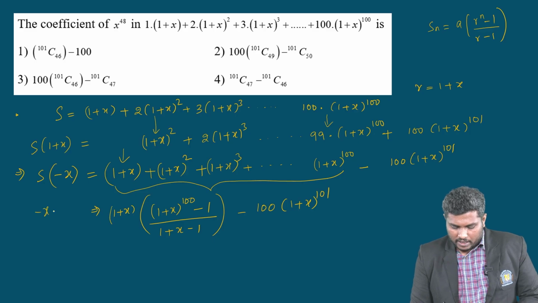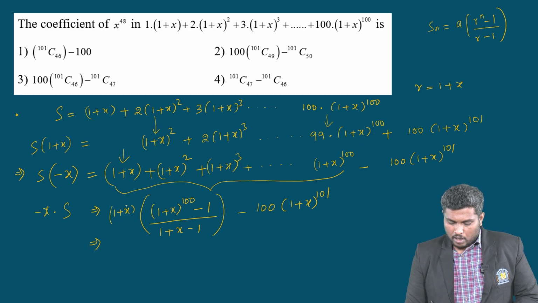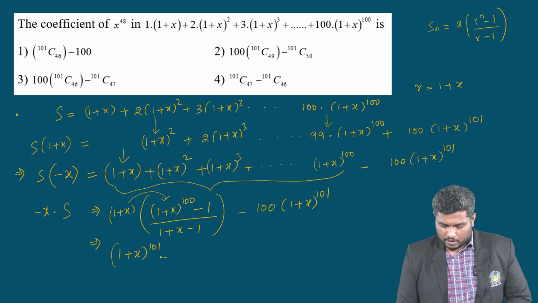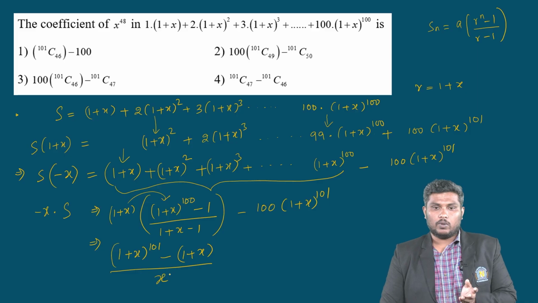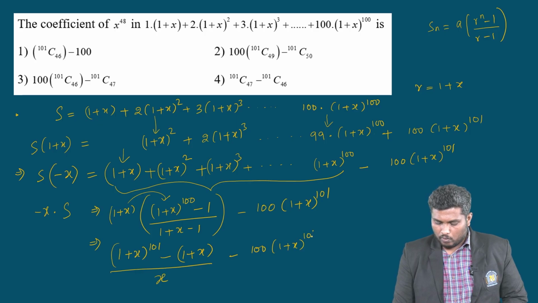This is equal to minus x into S. So once again, multiplying this part, this is going to be (1 plus x) whole power 101 minus (1 plus x) by x, since 1 plus x minus 1 is x, and then minus 100 into (1 plus x) whole power 101.